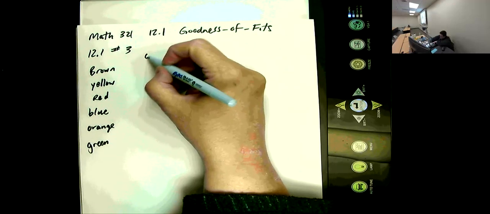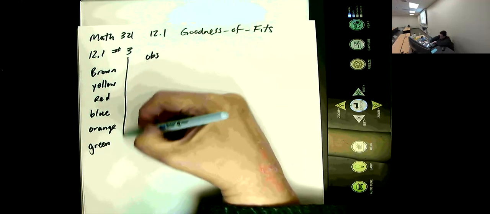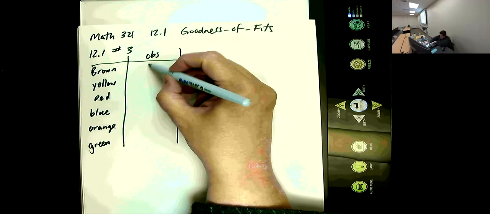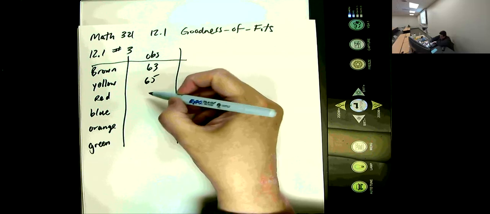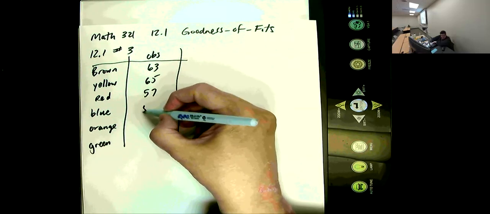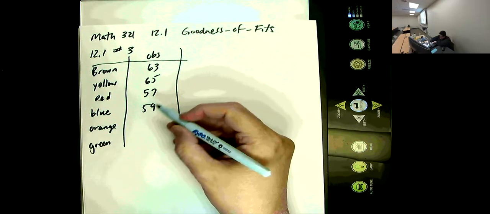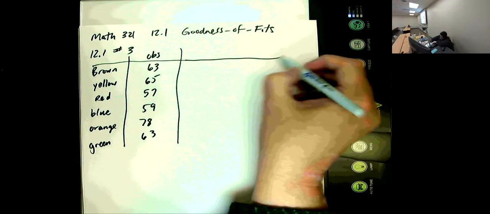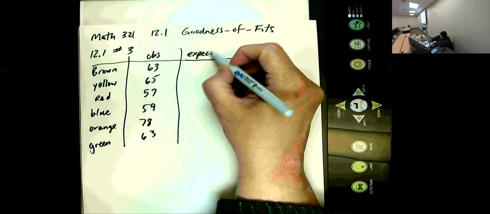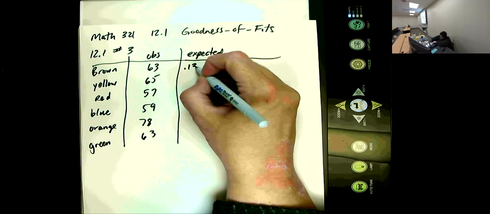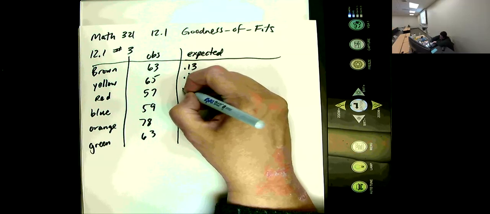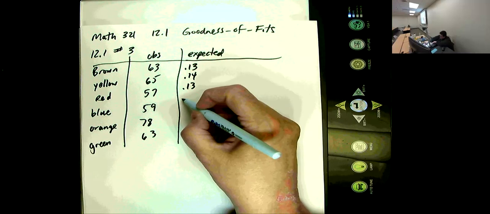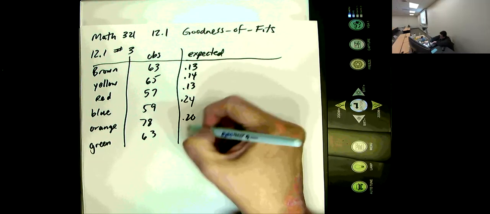My observed was 63, 65, 57, 59, 78, 63. My expected, the percentages were 0.13, 0.14, 0.13, 0.24, 0.20, 0.16.